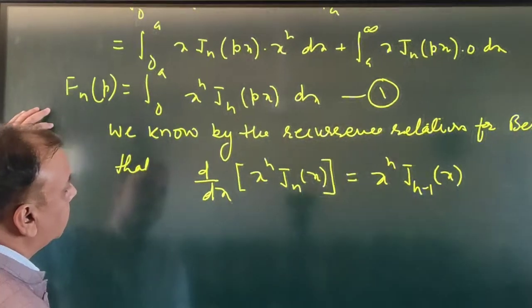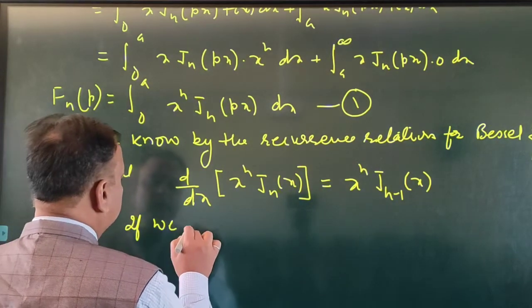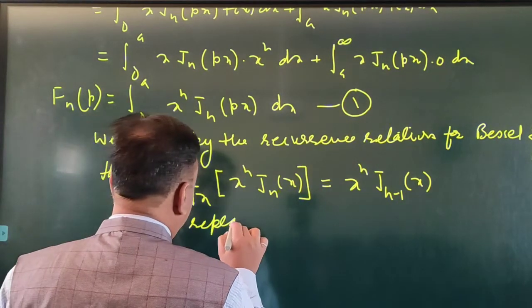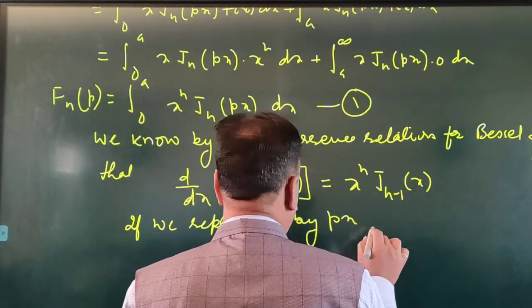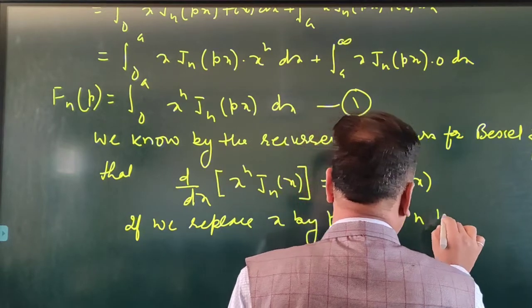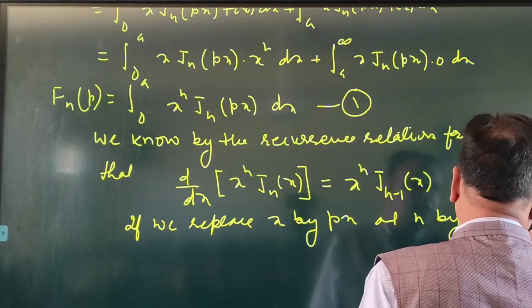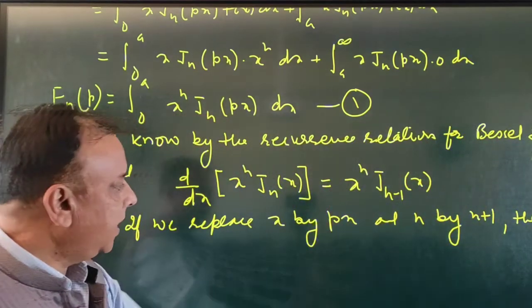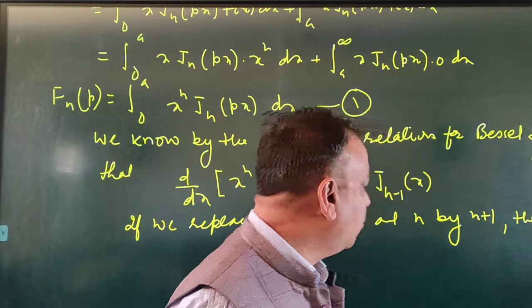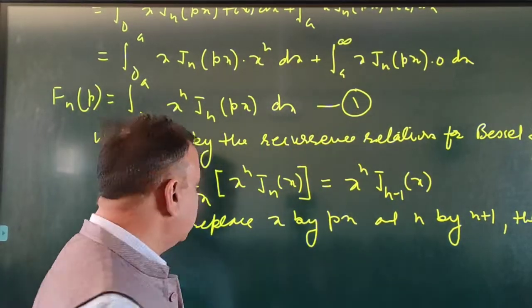Now, if we replace x by px and n by n plus 1, then dx becomes p dx.